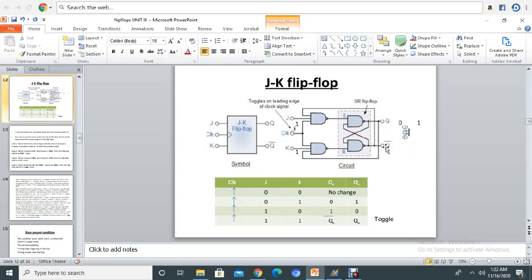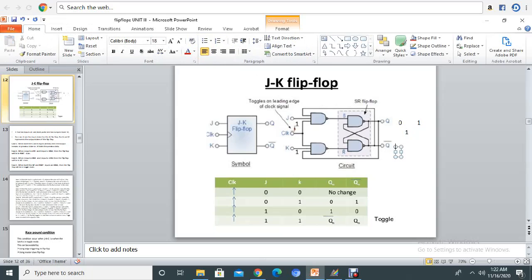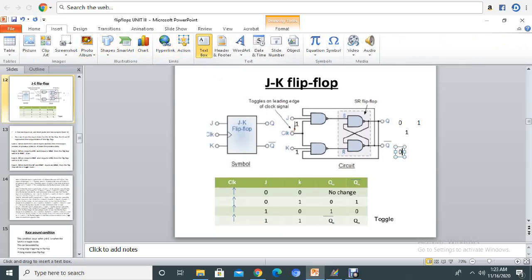If Q is 1, then Q bar is equal to 0. Here Q bar is applied to here, so one of the inputs is 0, so you will get 1.